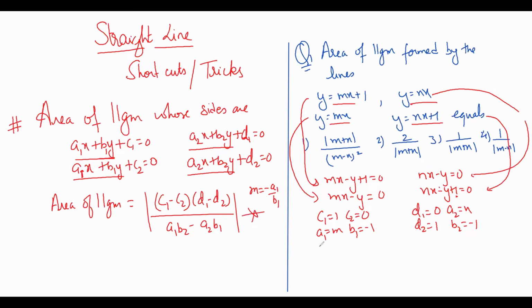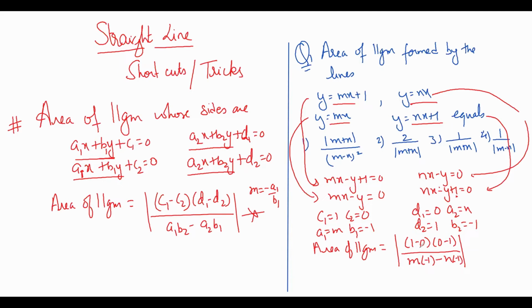Applying here, the area of the parallelogram is mod of C1 minus C2, that is 1 minus 0, times D1 minus D2, that is 0 minus 1. And in the denominator, A1 B2, where A1 is m and B2 is minus 1, minus A2 B1, where A2 is n and B1 is again minus 1.